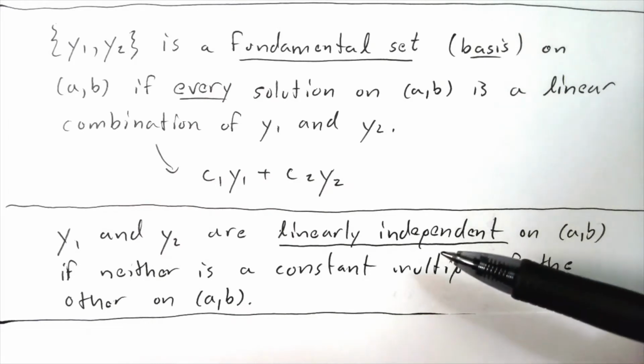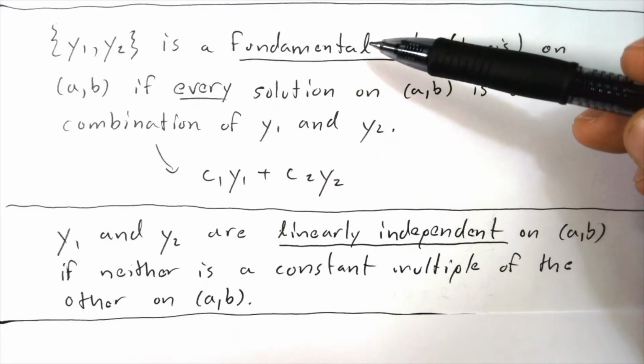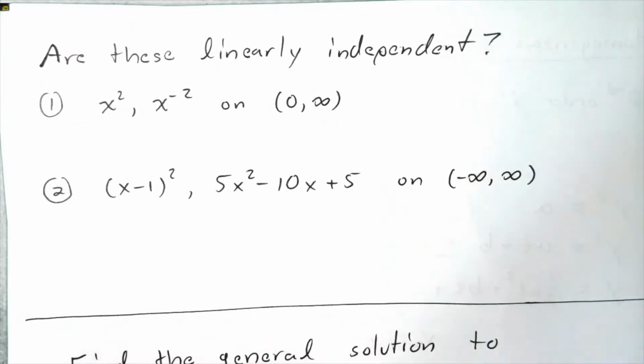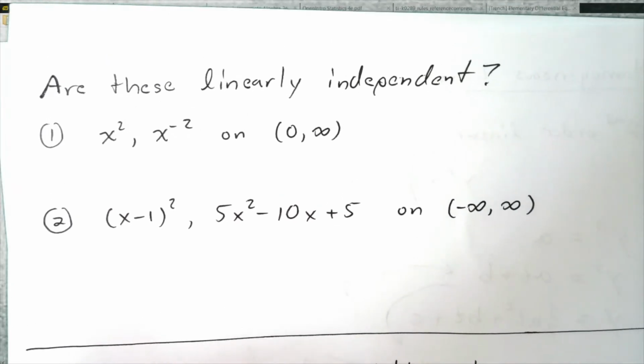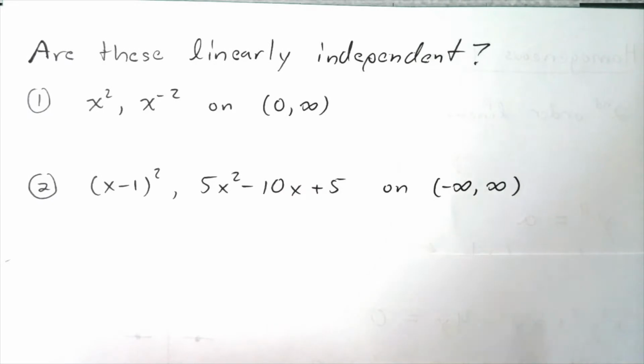Turns out linear independence will tell us whether we have a fundamental set, which will tell us if our solution is general enough to constitute all solutions. So let's do an example where we investigate whether a couple of functions are linearly independent, okay? So here we go. Verify whether or not these functions are linearly independent.